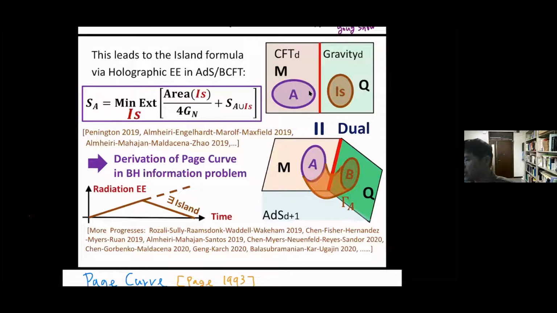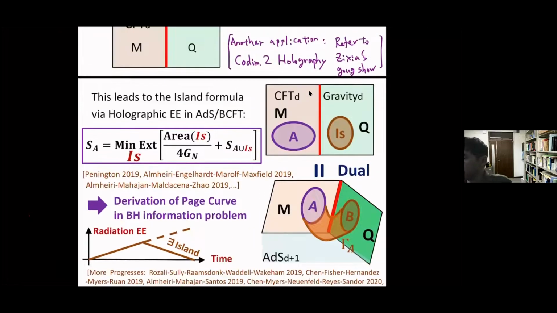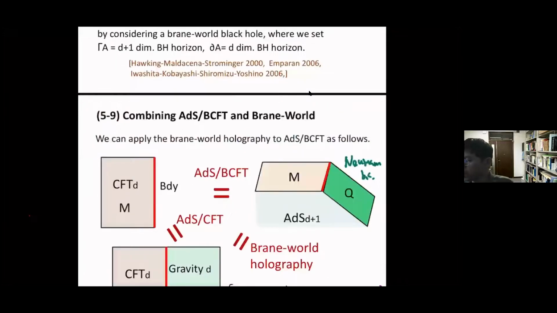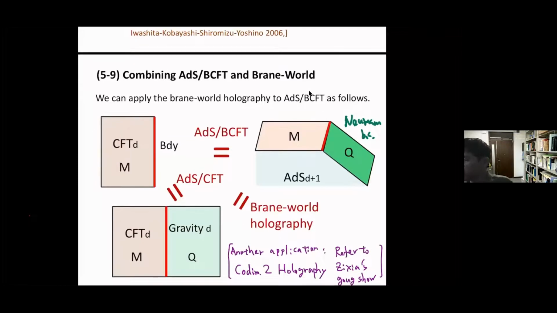But actually, we can understand this situation by using BCFT. Here we also combine the brane-world gravity that I explained, so we use this tri-duality and go from here to here.